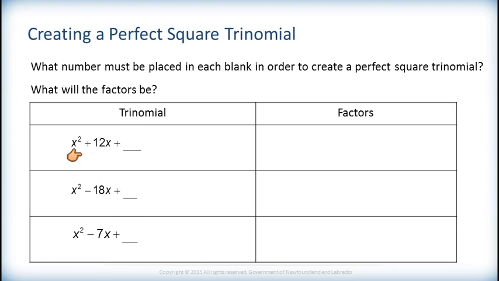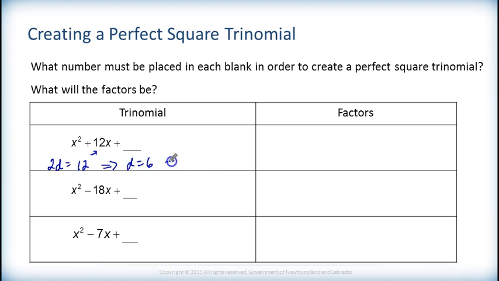This first example asks us what number has to be in the blank here. Well, first of all, we recognize that the coefficient of the x term is twice our d value. That means our d value has to be, not our x value, our d value has to be 6.